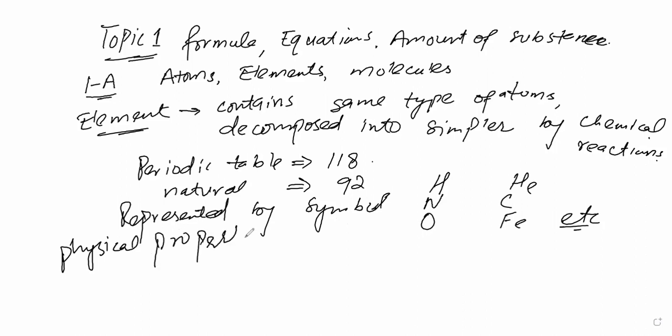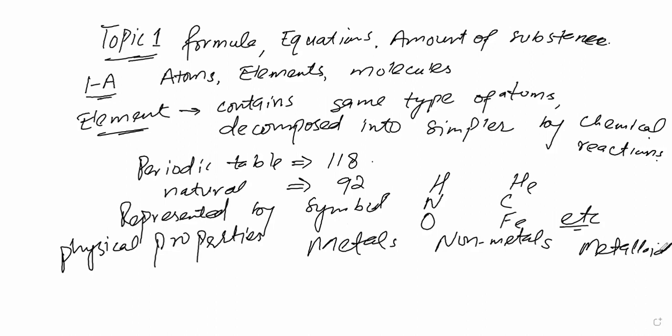Okay, they can be metals, they can be non-metals, they can be metalloids. So metals are all solids except one, that is mercury. Non-metals are mostly gases, but they can be liquid and solid as well.